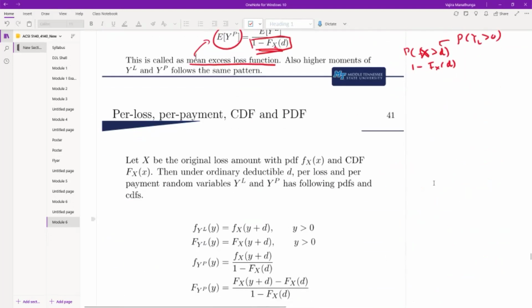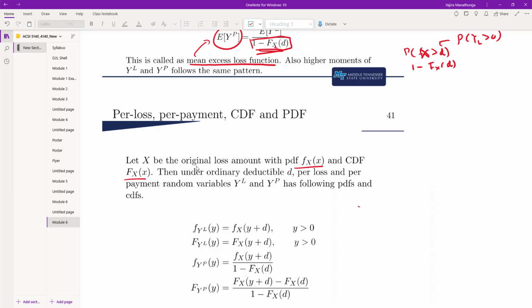Now we can try to connect these three random variables. If I have x as the original loss amount with PDF f_X and CDF F_X, then I can connect this.